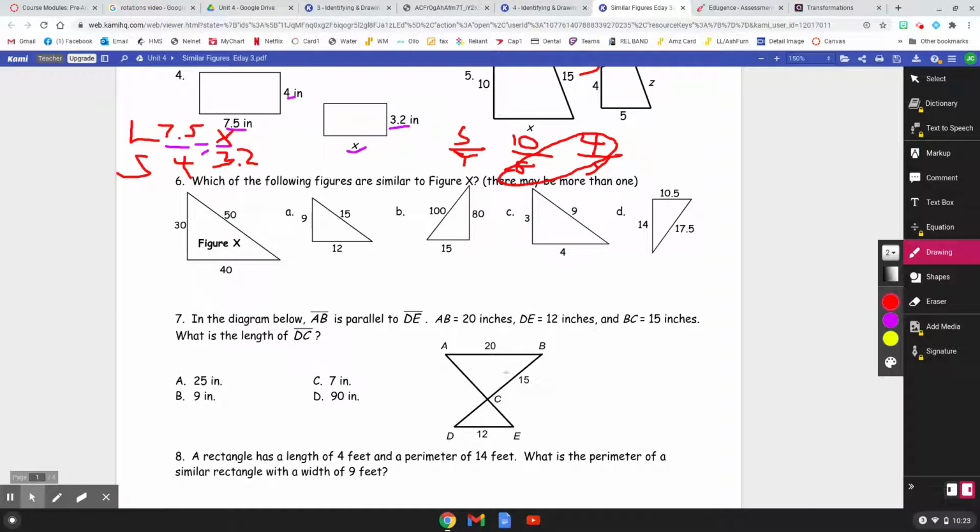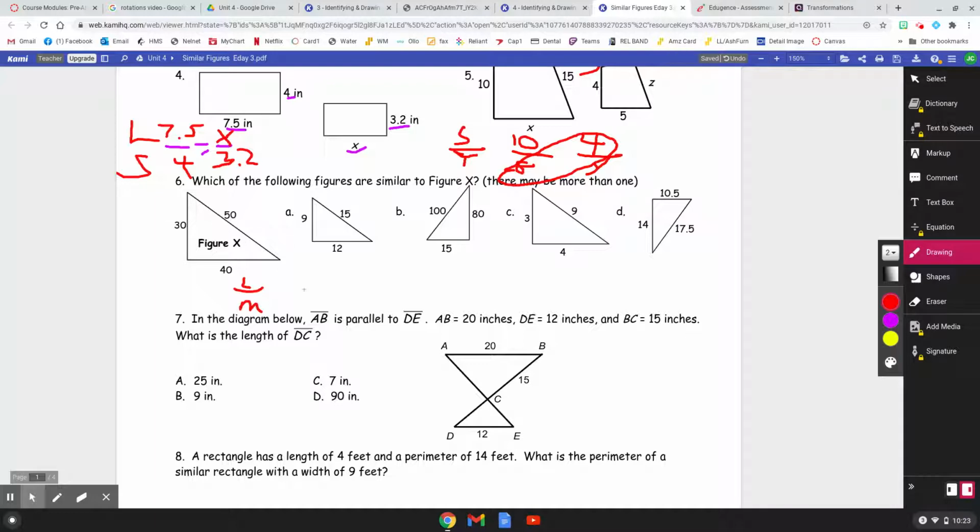On number 6, there is one figure here, and it wants to know which one of these would match. You just set up your proportions. You have your long line. We'll learn later that this is called our hypotenuse, our longest one. Then you have the short, and you have the middle. Pick two. Let's say we wanted to do our long over middle.